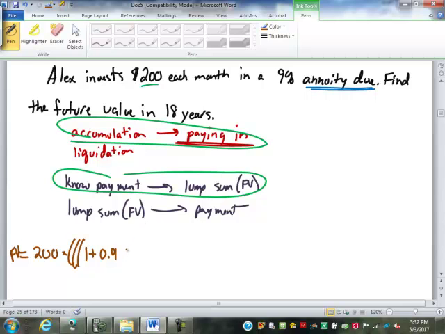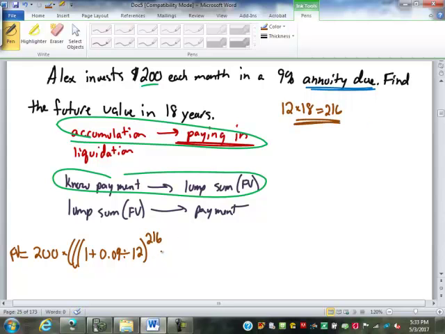Then we're going to divide by 12, because it is monthly. Power of 216. Where's the 216 come from? 18 years times 12 months. Perfect. 12 months in a year times 18 years is 216.